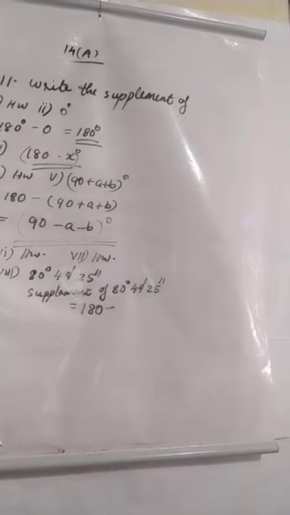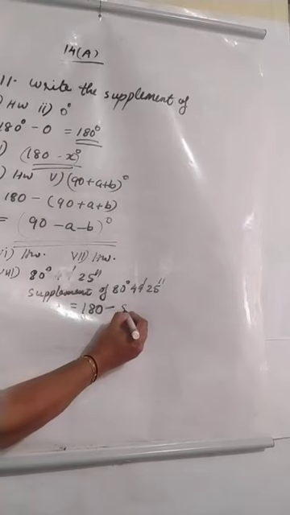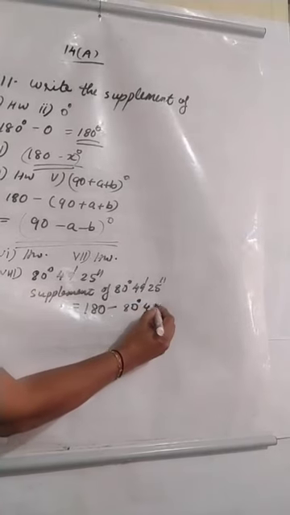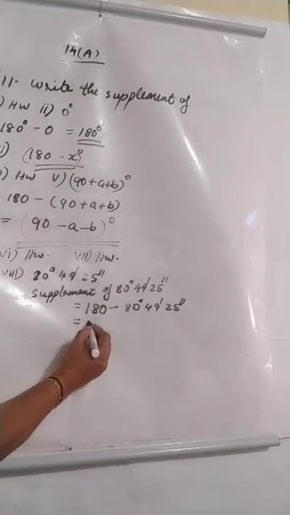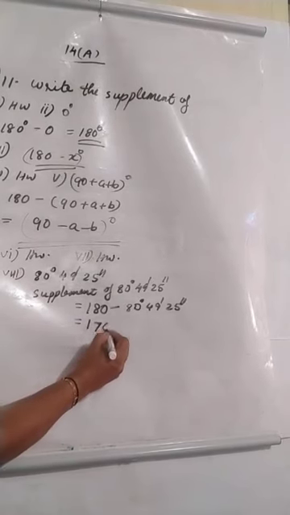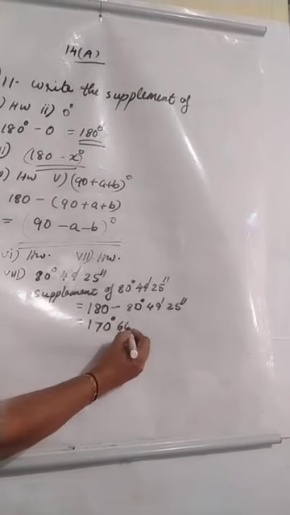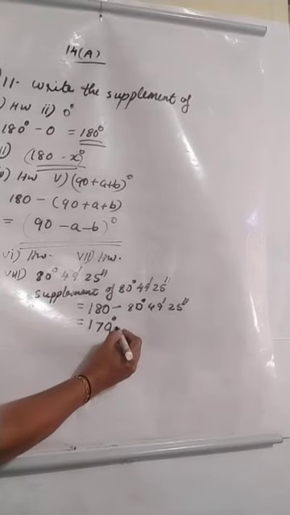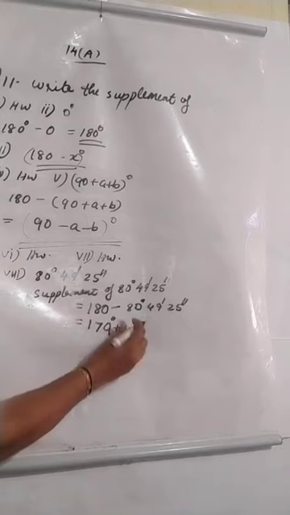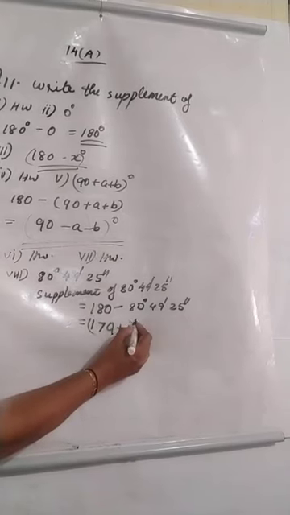Then how can we write that 180 degree in minutes and seconds? Yes, this can be written as 179 degree plus 1 degree, no?